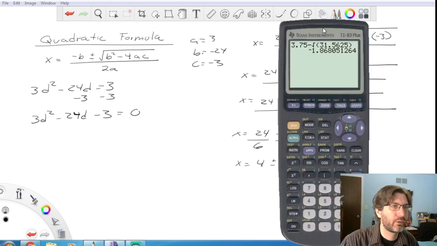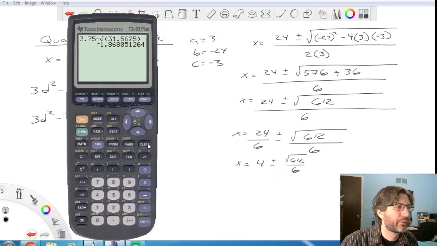I'll show you on this calculator, I guess. 4 plus, sorry, don't make the same mistake I did before. Get that parenthesis in there. Actually we don't need it here. We're just going to do the order of operations. We'll do the square root of 612 divided by 6 gives us that, and then you want 4 plus that answer.